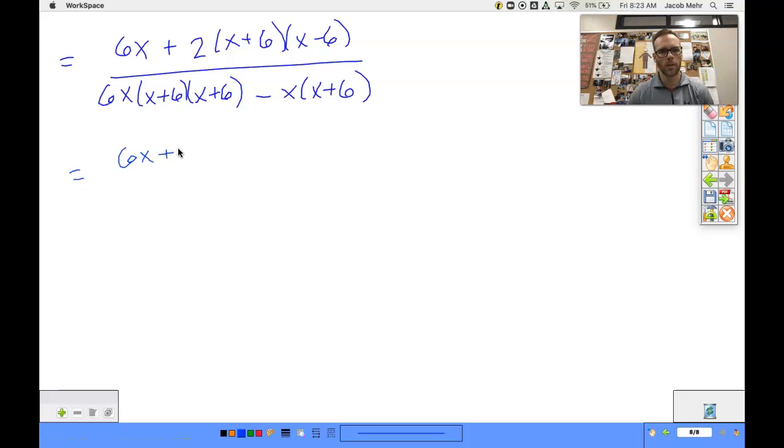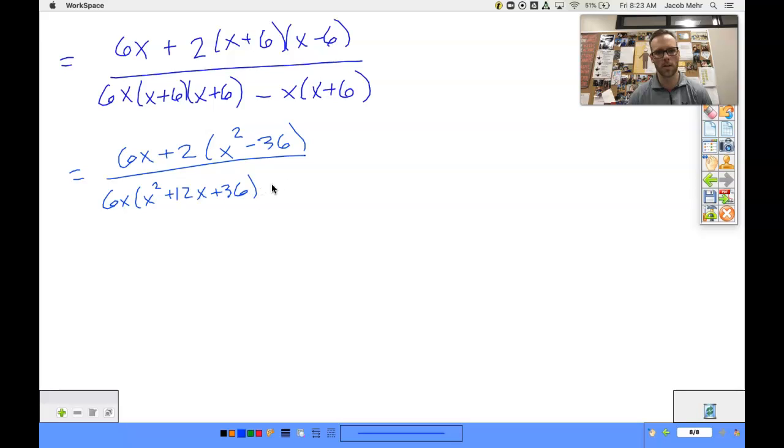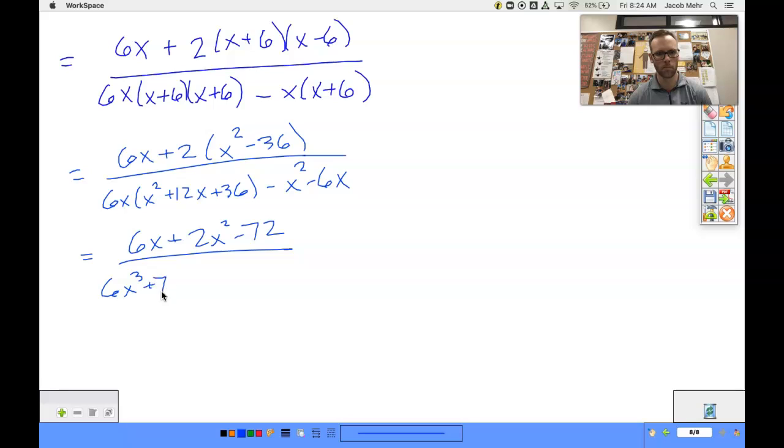In the numerator, let's multiply. This would be x squared minus 36. This would be 6x times x squared plus 12x plus 36 minus x squared minus 6x. 6x, distribute the 2. Distribute the 6x. $216, I believe.